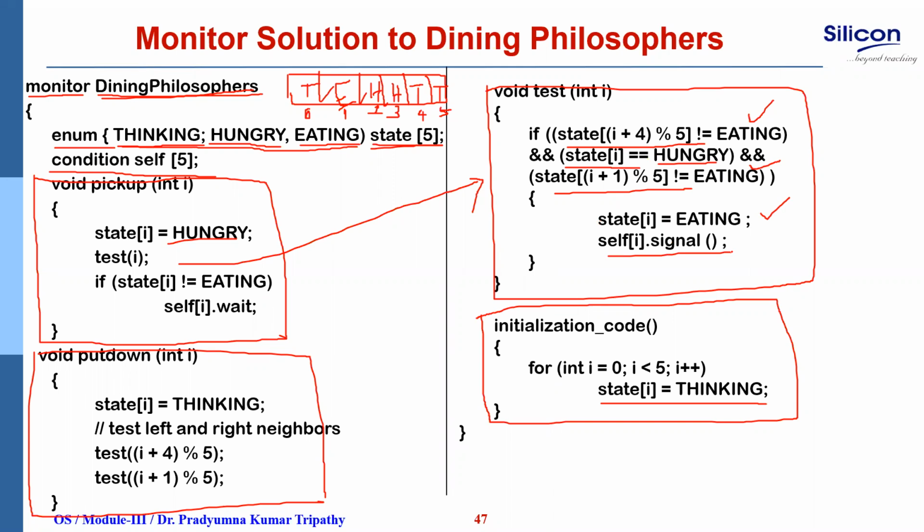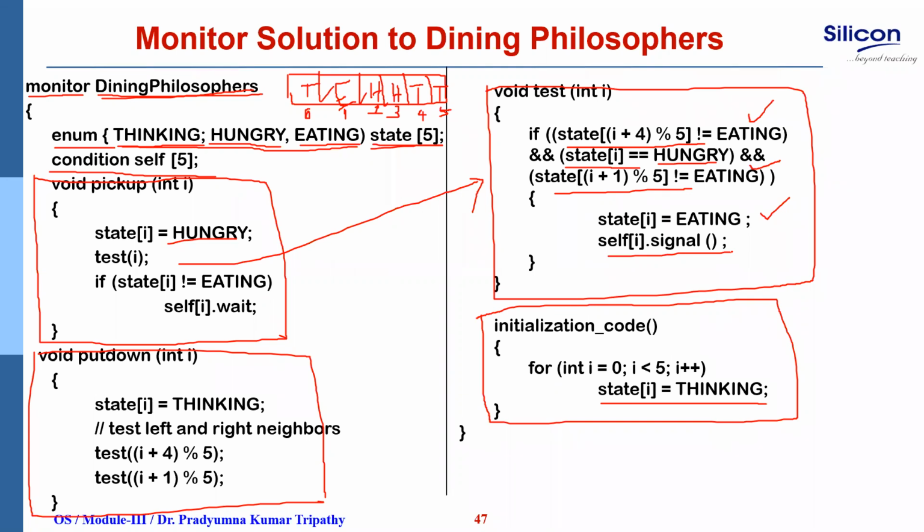What does it mean? If somebody wants to take a chopstick, he should be in a hungry state. 2 of its neighbors must not be eating, so that we'll allow the process for eating.